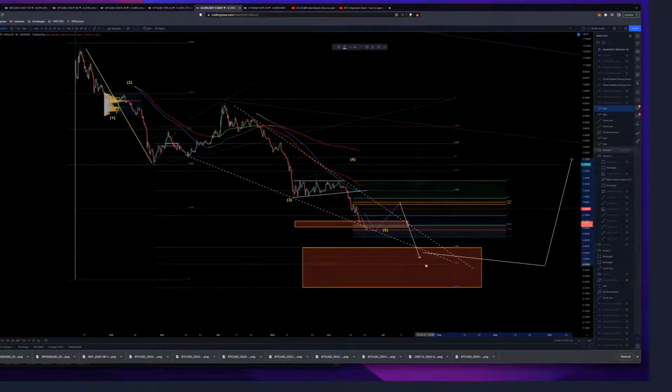If it does come to this level, and depending on what Bitcoin does, I'll start to layer in, average in, and look for the dips within this area. Hopefully the lowest I got here is 20 something cents. Actually, this could be the one, 32 cents.